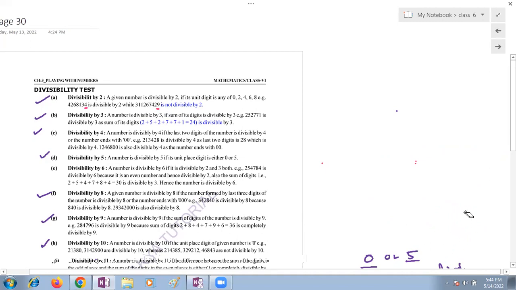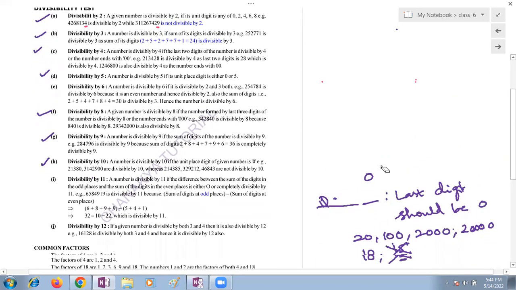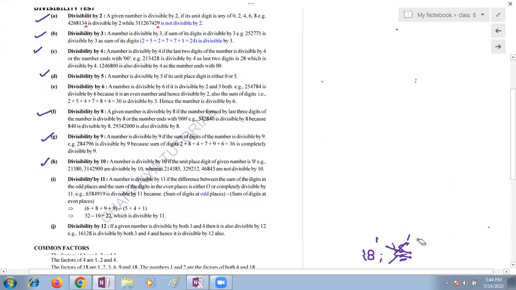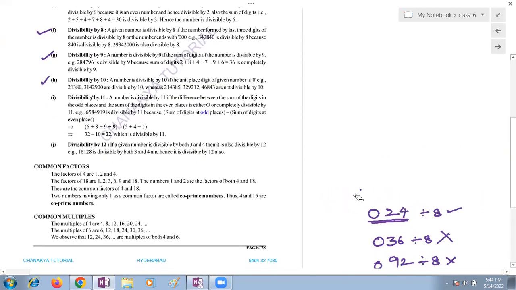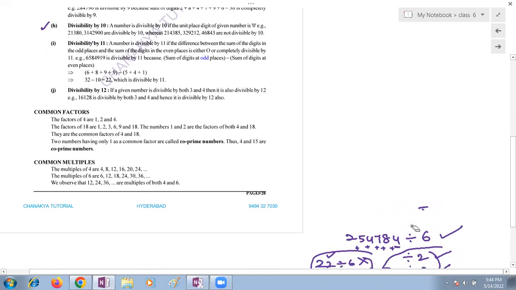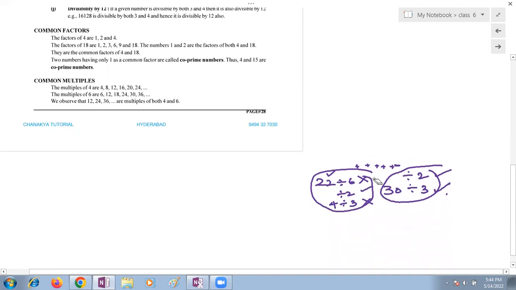Ma'am, I think it is much harder. I will get all the other rules, but I will not get the 7 and the 11. Okay, we will see that. I don't know 11. The 7 and 11 are very easy. I will let you know. For the 11 rule, the alternate digit sum should be either zero or a multiple of 11.